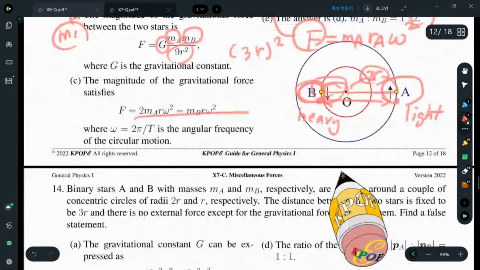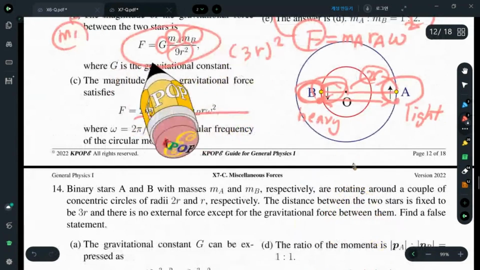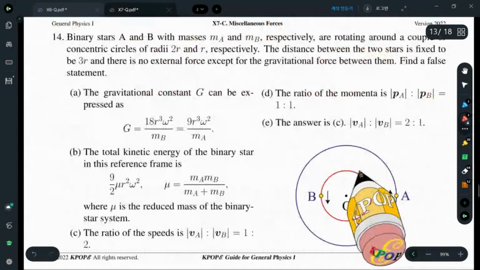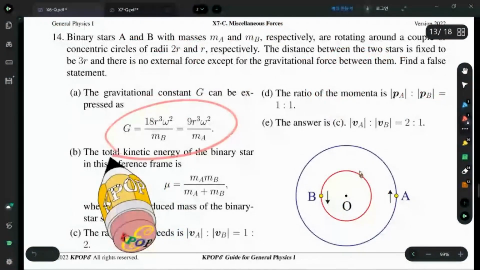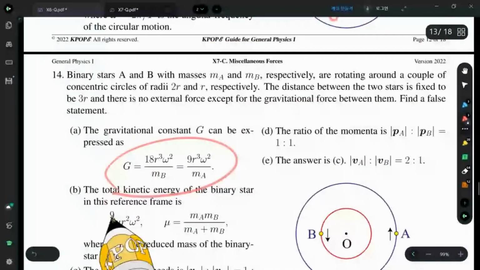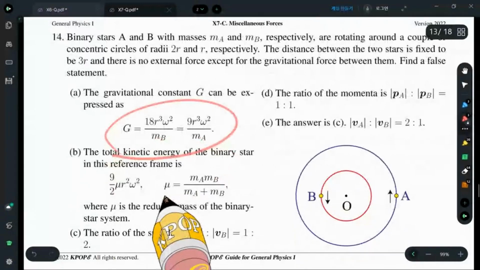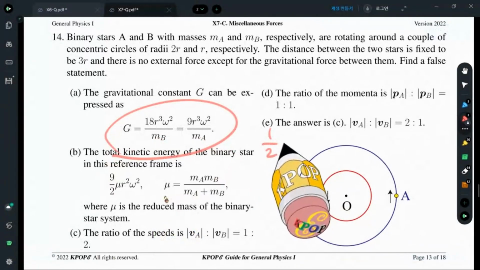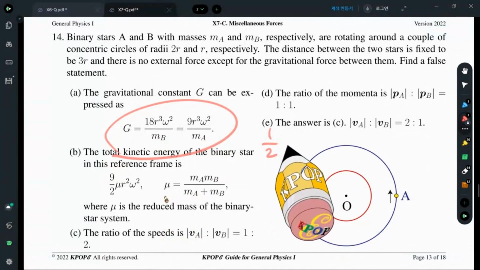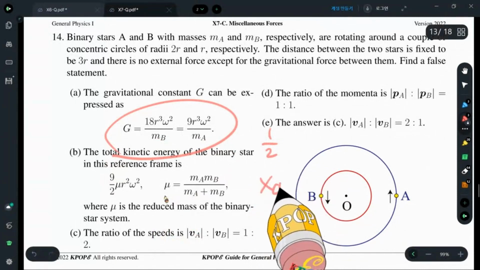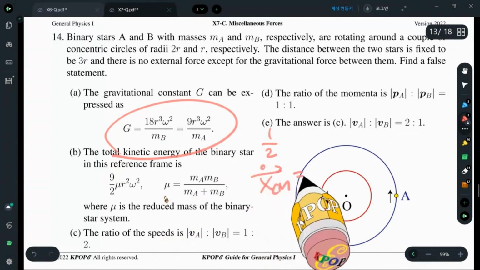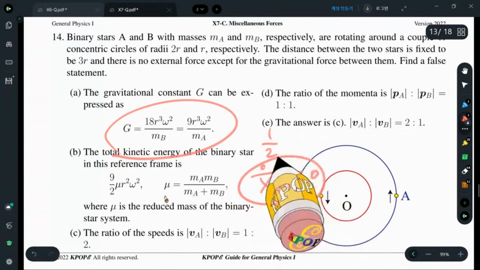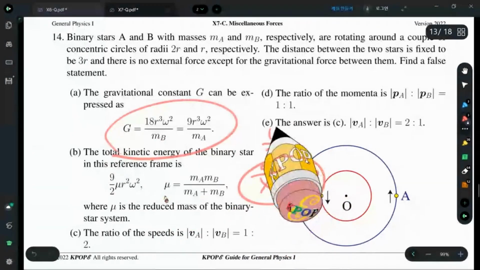Same problem, you just rewrite this one. And the total kinetic energy of the binary star, the total kinetic energy is 1/2 m. This is actually x dot cm equals 0. So you remember it is p squared over 2 mu.